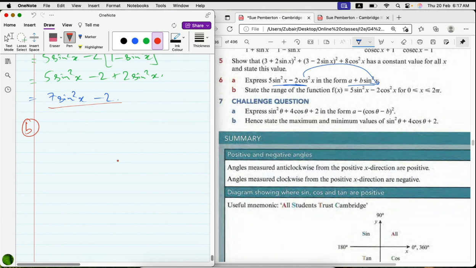So then it's negative 2 greater than or equal to f of x greater than or equal to 5. 5, yes, and negative 9, I guess.